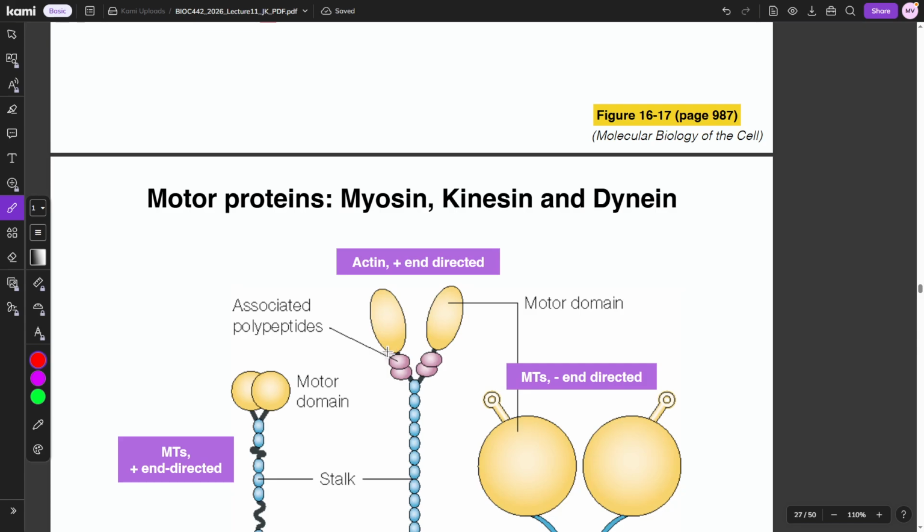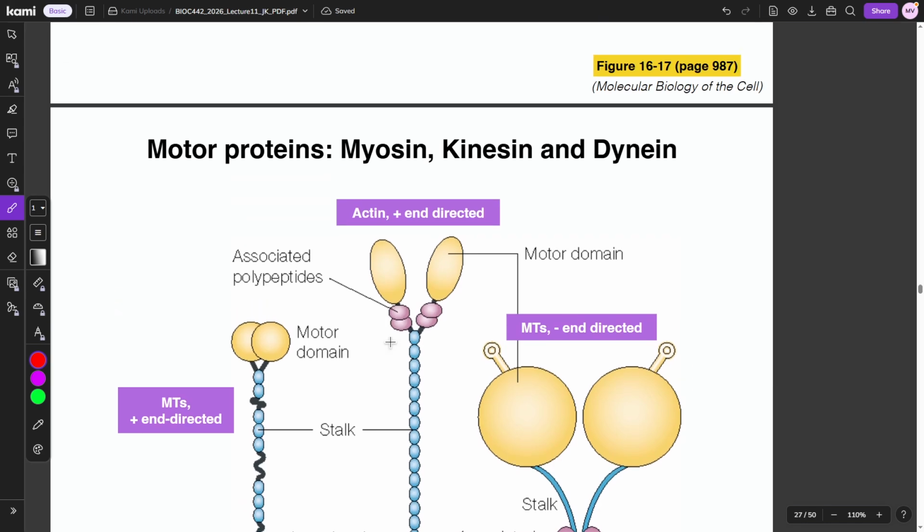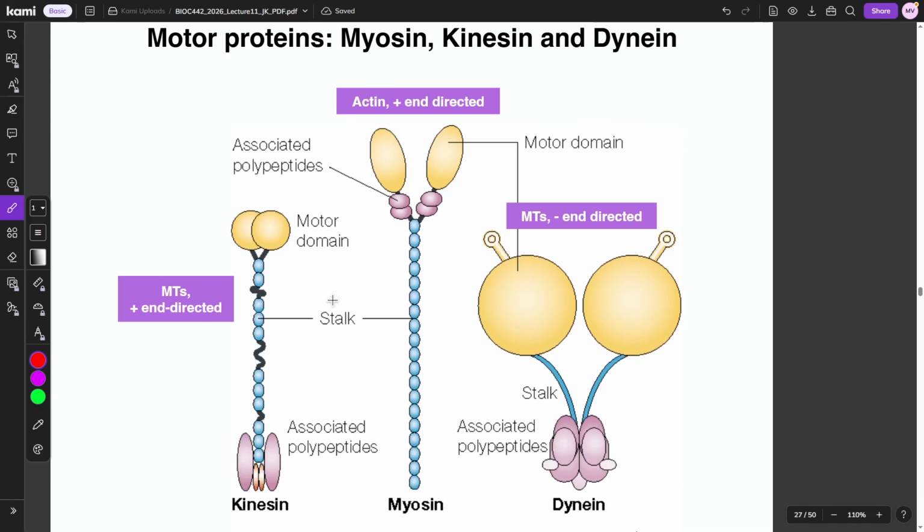All right, now for motor proteins: myosin, kinesin, and dynein. The way that we can think about this is that these are all mostly plus directed. Well, sorry, I should specify.